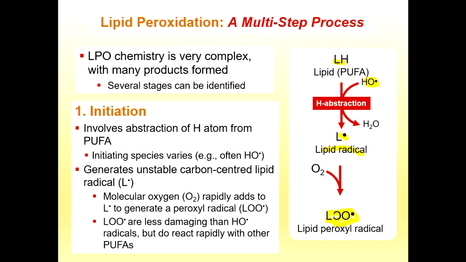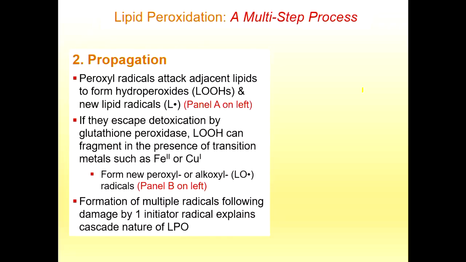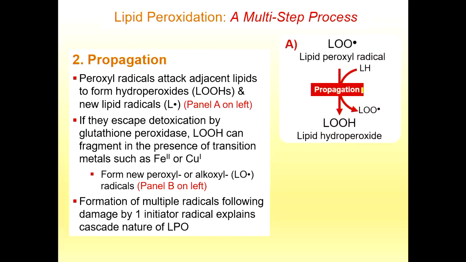Now, these are nasty species because while they're not as chemically reactive as hydroxyl radicals, they are very lipophilic and greasy, so they can diffuse through cell membranes, and they're very reactive with other lipids, so they're actually good at carrying out that same sort of hydrogen abstraction reaction themselves. So this is why they're so damaging, because they can amplify free radical damage to membranes. And this reaction is known as propagation.